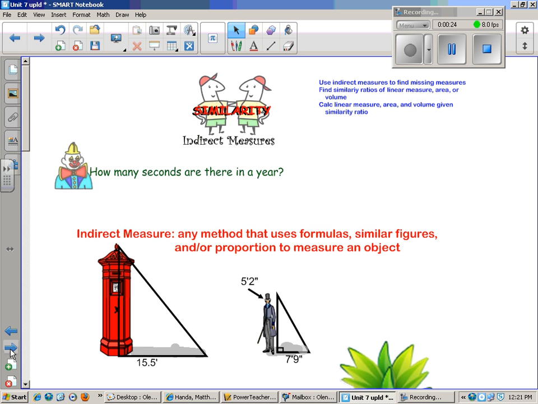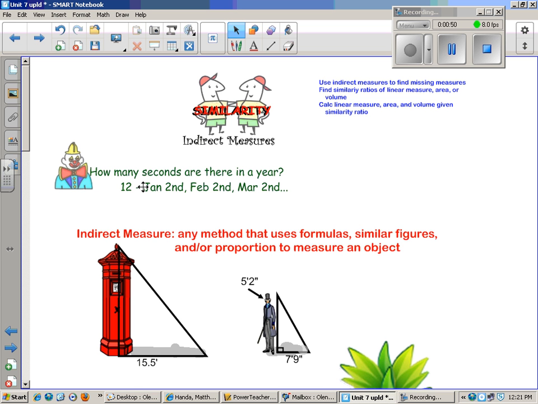Okay. First of all, joke. Get us all started. How many seconds are there in a year? Okay, I know I'm not that funny, but it's a joke, not a math problem. So anybody have a guess? 12. January 2nd, February 2nd, March 2nd.